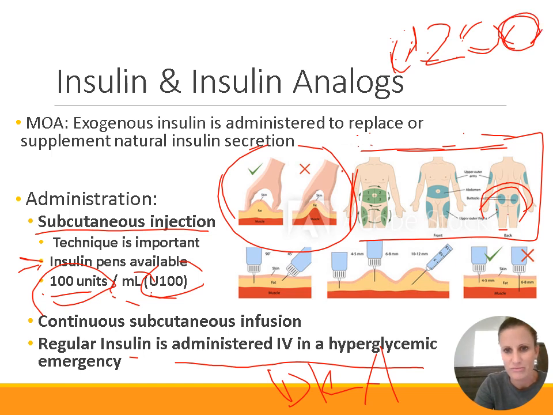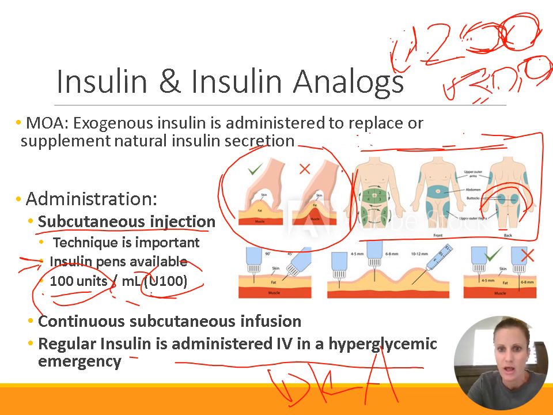Sorry, my screen, the writing is very sketchy. But there's U200. That means there's 200 units per milliliter. There's U300. Again, that's 300 units per milliliter. There's also a U500. That is very concentrated.